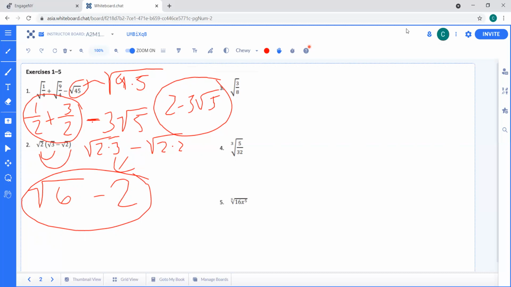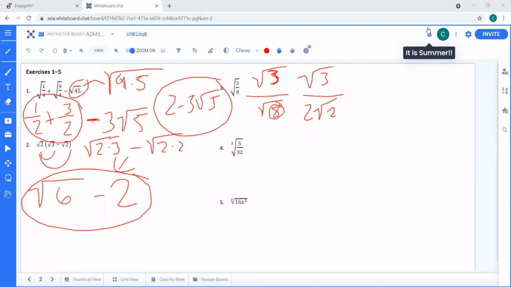Let's break this apart and say 3/8. Now I can do this one. This will leave me with square root of 3 over, this is 4, 8 is 4 times 2, which is 2 square roots of 2. Okay, so now that we've done that, what can we do here?